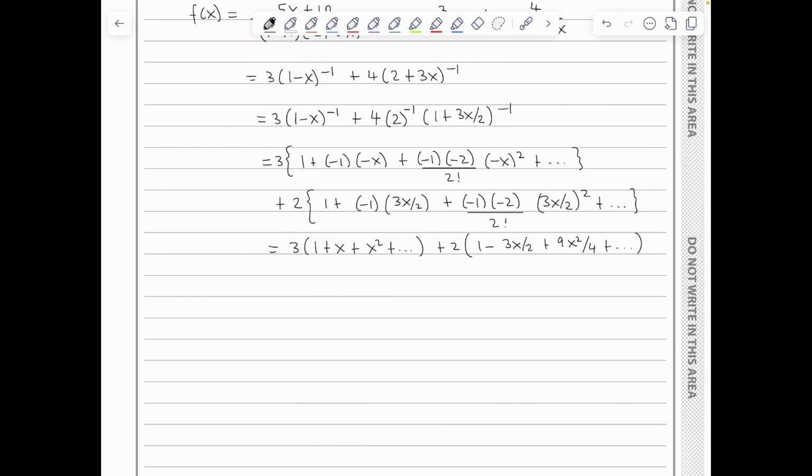I will further expand to get 3 + 3x + 3x squared plus 2 - 3x + 9x squared over 2 plus dot dot dot, and we collect like terms together. We can see that the 3x with the negative 3x will cancel out, and we are left with 5 + 15x squared over 2 plus dot dot dot.